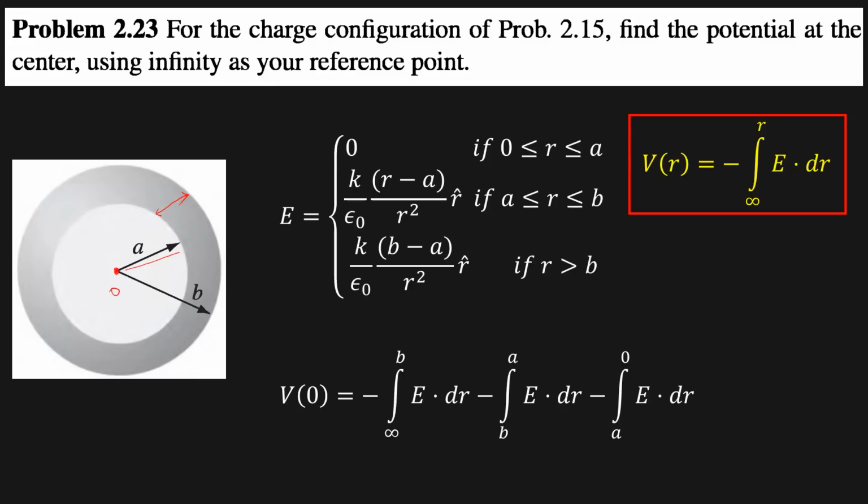If r is greater than b, that is outside, up to infinity, the electric field is k over epsilon naught times (b minus a) over r squared.